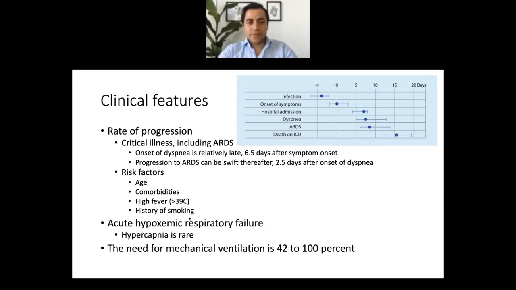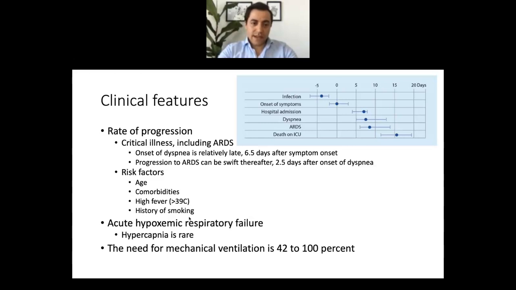When a patient has a rapid rate of progression of the disease, which includes critical illness and ARDS, they typically develop dyspnea around 6.5 days after the onset of symptoms, which is relatively late compared to other ARDS diseases. But the progression from dyspnea to ARDS is rapid, 2.5 days after dyspnea.